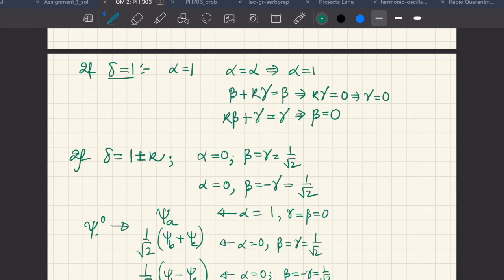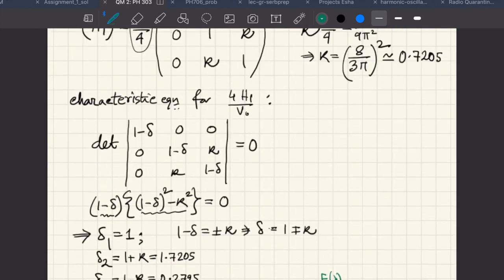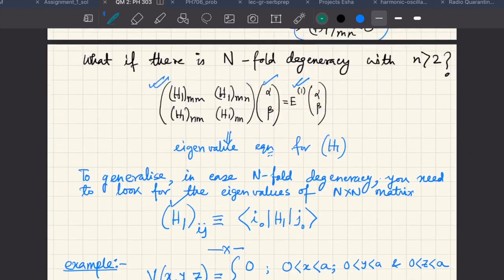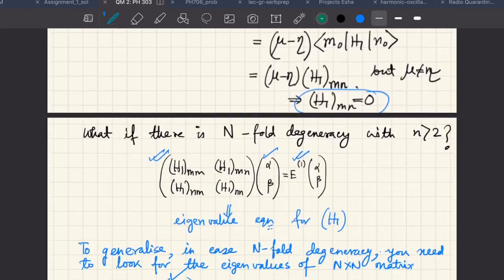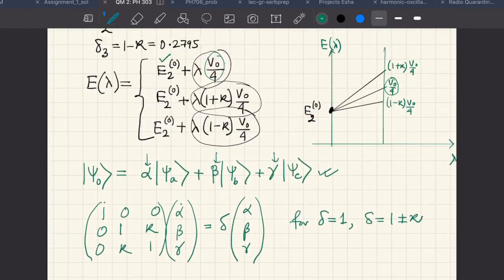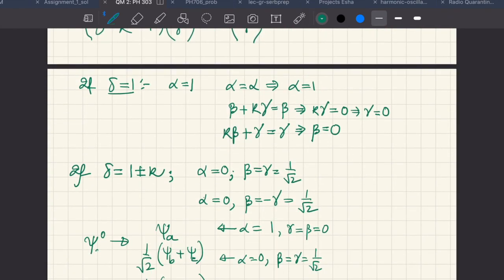So think about whether there exists such an operator which will commute with H1, and thereby, by the theorem that I have just mentioned here, you can actually apply your non-degenerate perturbation theory result and calculate the final result that we have calculated after solving this characteristic equation.